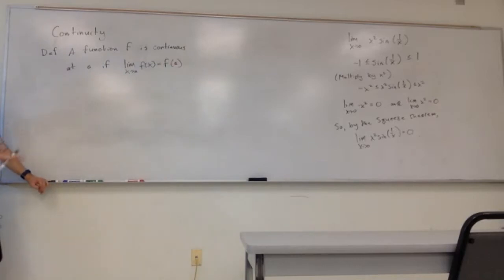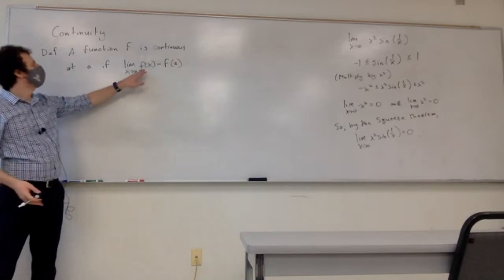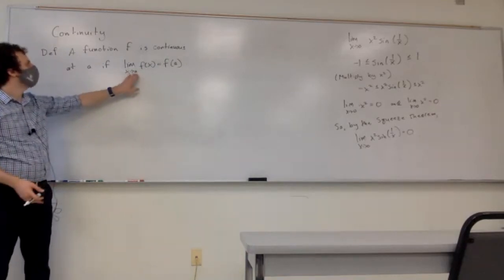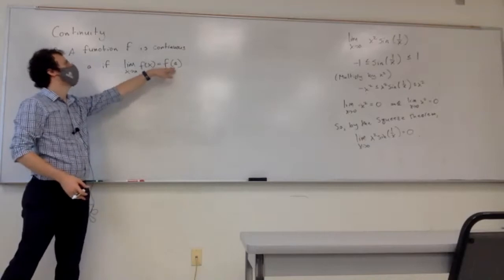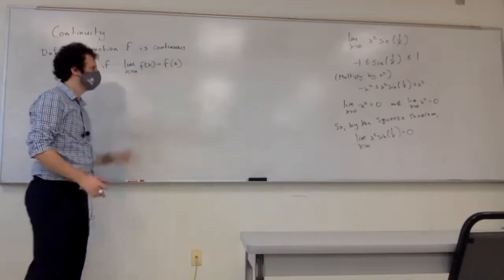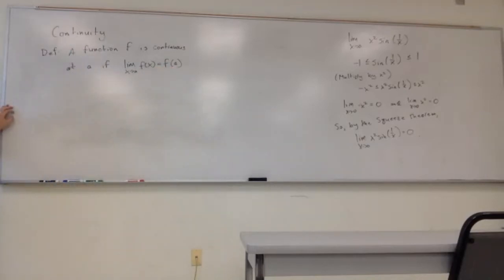And graphically, this is saying what the function does as you get close to A is that it goes to where it actually is at A. So this is what we'll mean by something being continuous.